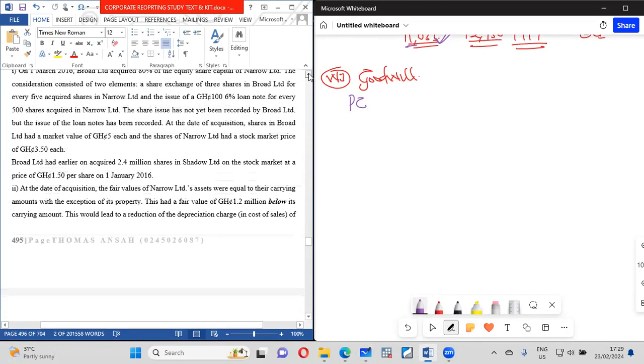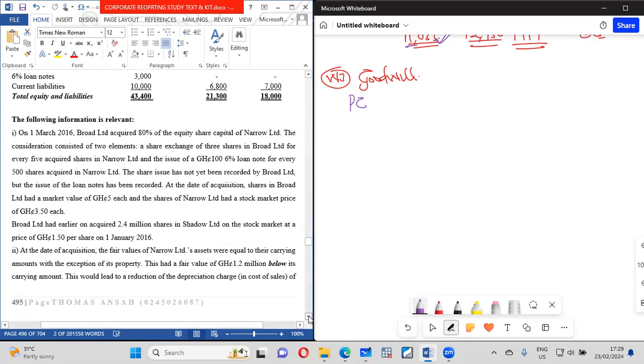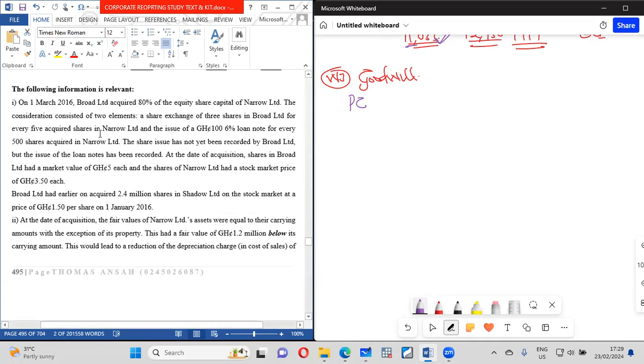So we go back to our workings 1, our note 1. We are told that there was a share for share exchange. So A, we have share for share exchange. And if you remember, all you need to know is the shares acquired. How much was acquired? We were told that they acquired 80% of the equity share capital.